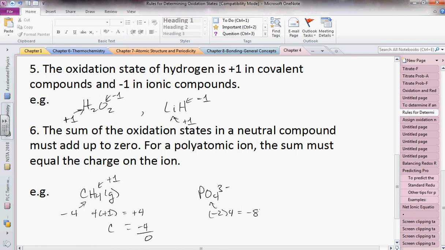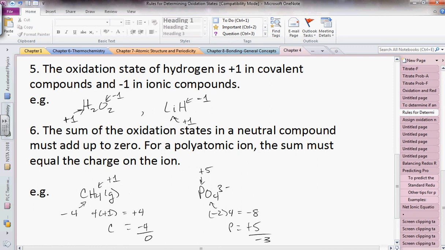So whatever oxidation state phosphorus has, when added to the oxygen oxidation states, has to be -3. We're not looking for a neutral compound, so it won't be +8. Instead, it will be +5, because if we have -8 plus 5 from the oxidation state of phosphorus, then we get -3, and that is the charge of the polyatomic ion.